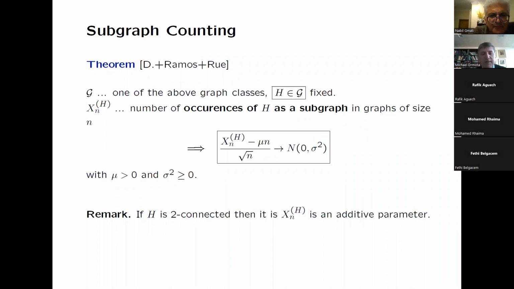Yes, these constants mu and sigma that define the Gaussian law heavily depend on the subgraph H. You fix a subgraph H, and then there exist some constants mu and sigma with the central limit theorem. Of course, they heavily depend on the subgraph. They really depend on the form of H.